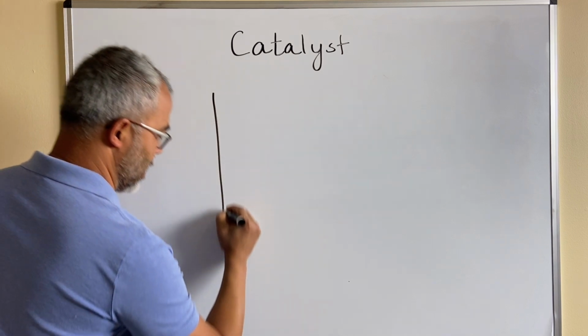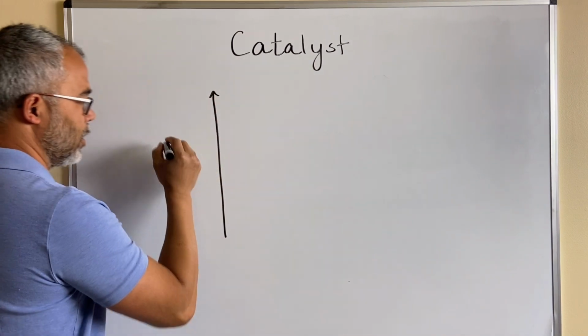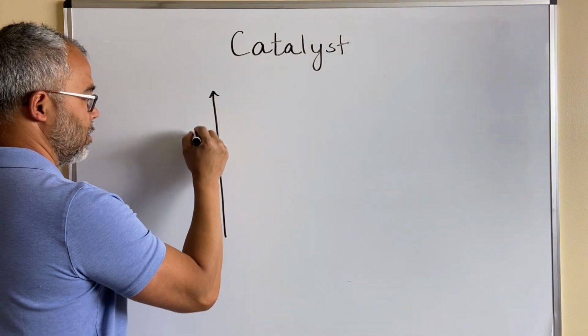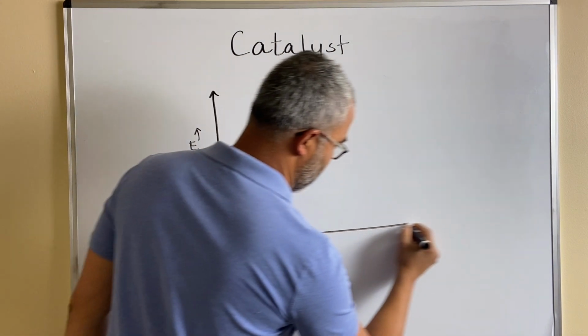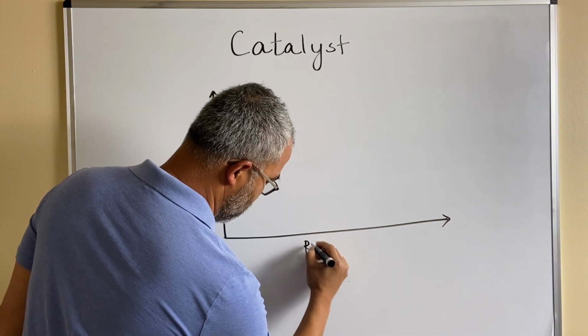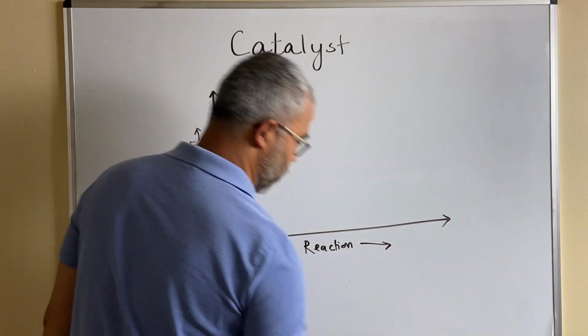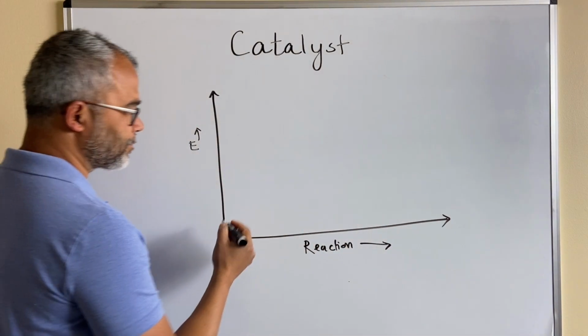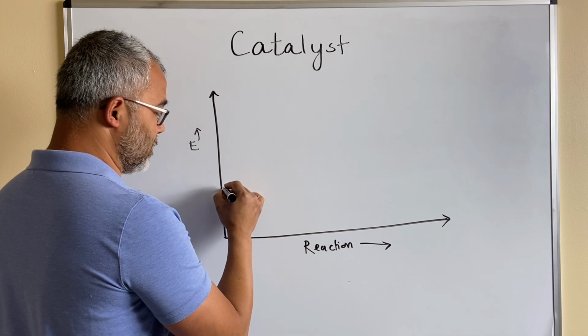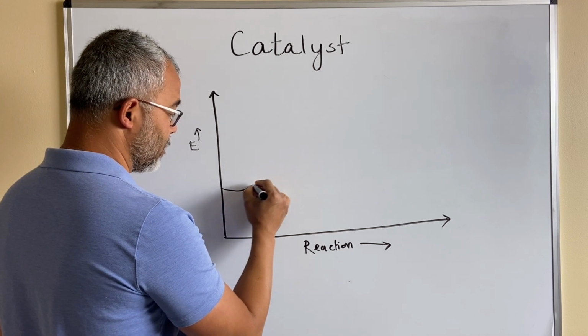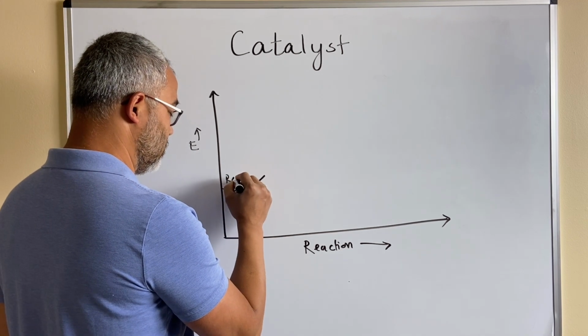So imagine an energy profile diagram out here. You have energy going upwards, and then you have the reaction on the horizontal axis going this way from reactant to product. Now, under normal cases, let's say you have your reactants out here.